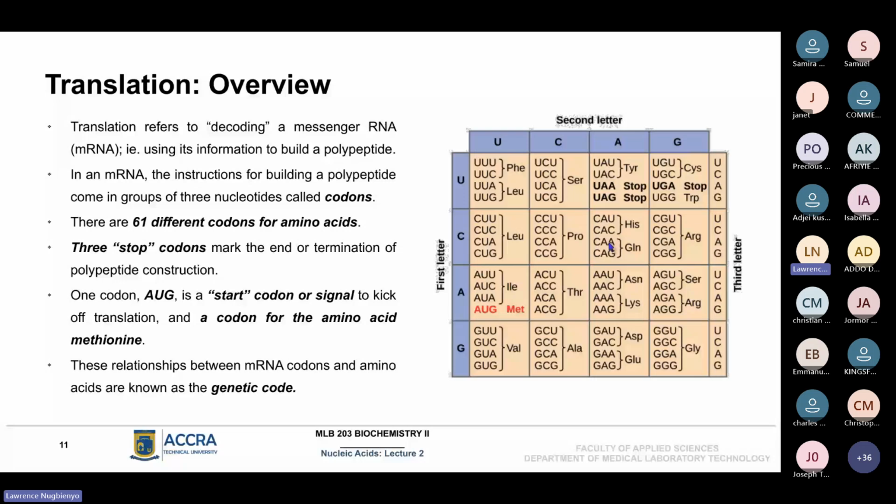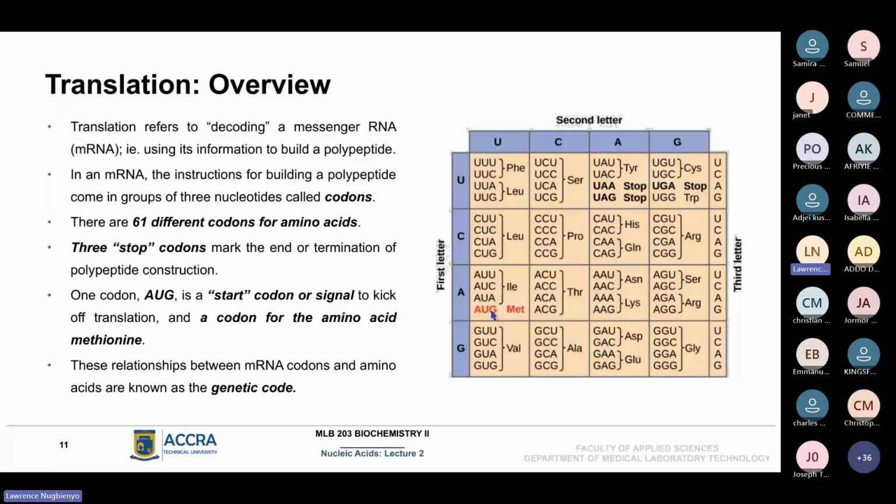But you should keep in mind at least what we refer to as the start codon, which is adenosine, then you have uridine, you have guanosine. Of course, all of these are monophosphates. So AUG, this code, codes for methionine.